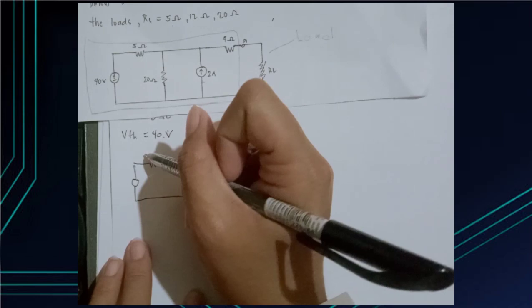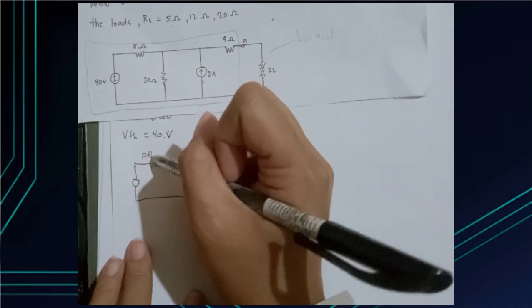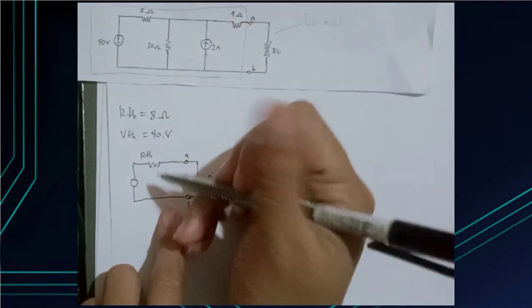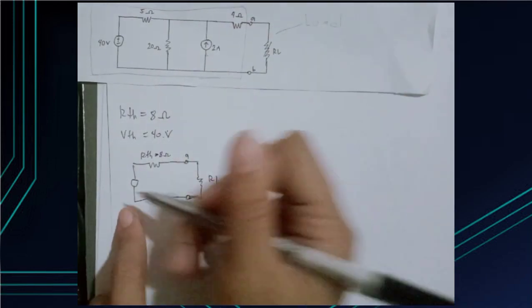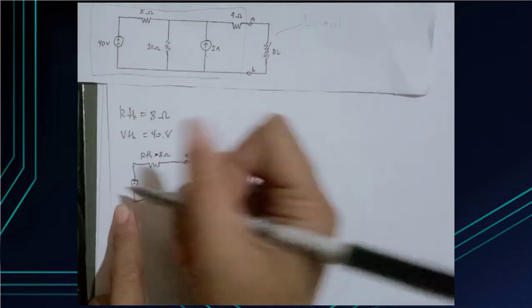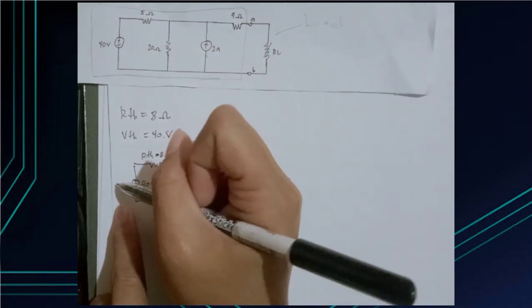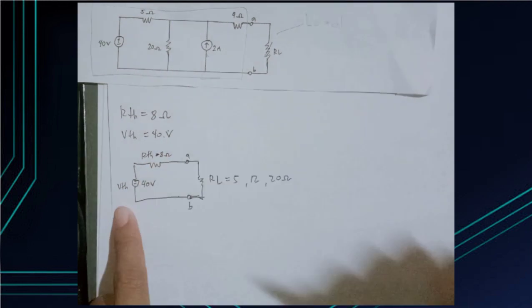So, dito naman, ito yung ating RTH na 8 ohms. Dito naman ay ang ating VTH na 40 volts.